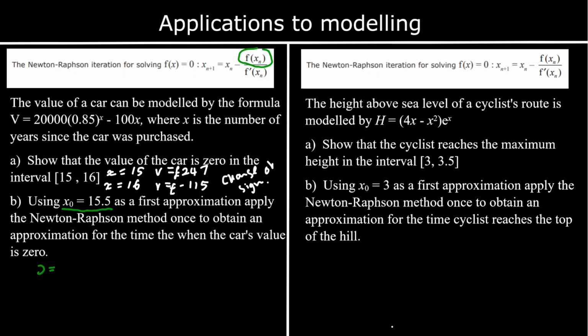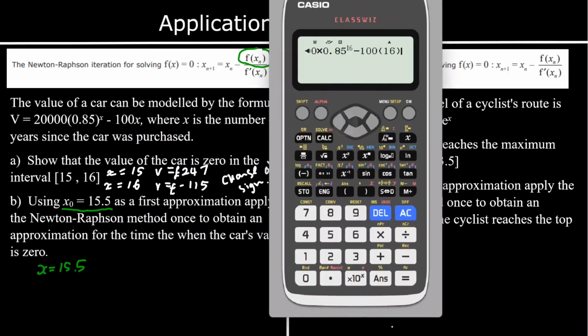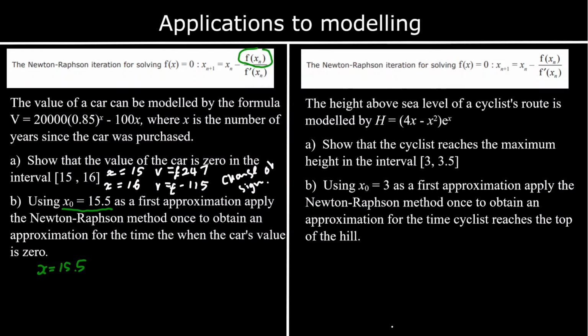So when x is 15.5, what's V? £60.7. So f of x0 is 60.7.